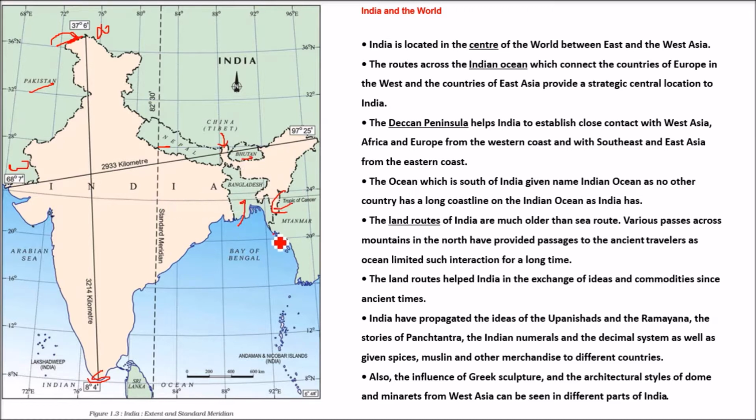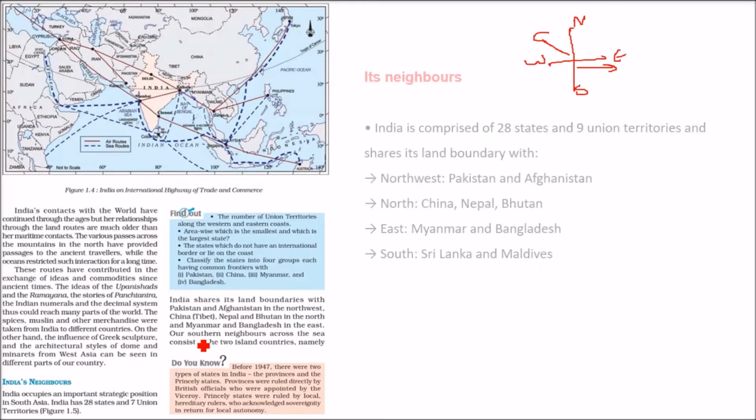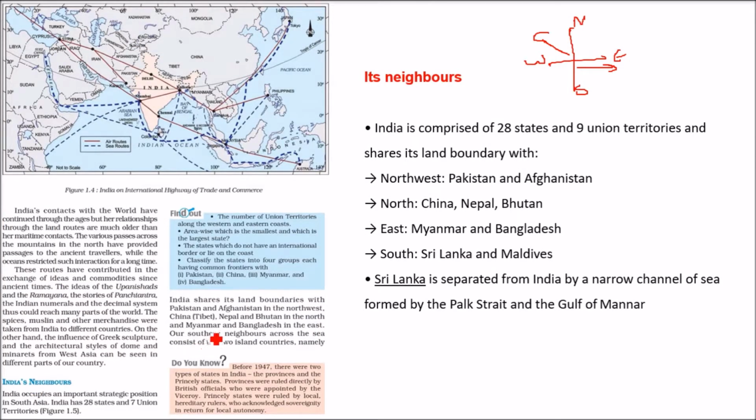On the eastern side, it is Bangladesh and Myanmar. When we come down, we have Sri Lanka, and here we have Maldives. So this is the area where we have Maldives. Maldives and Sri Lanka are our southern padosis or neighbors.